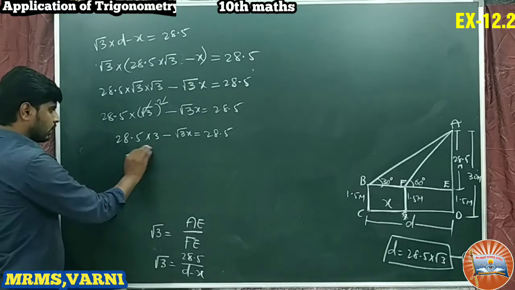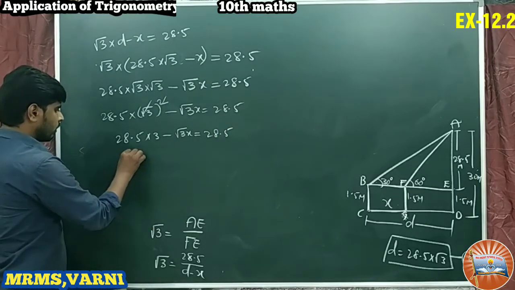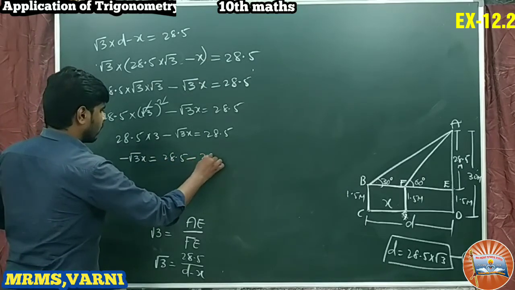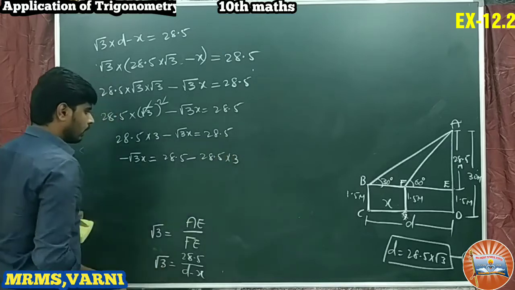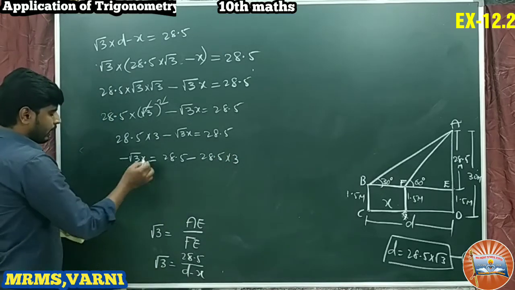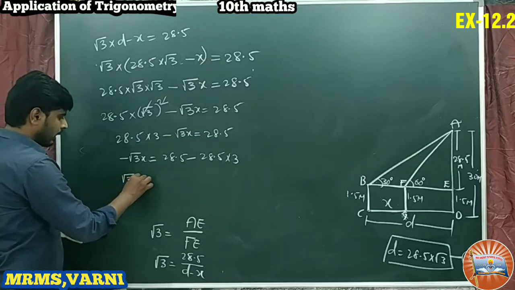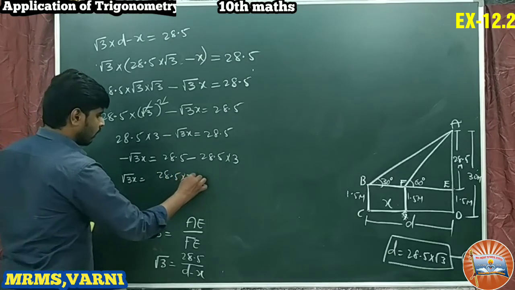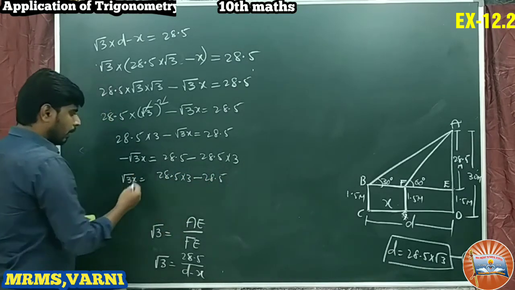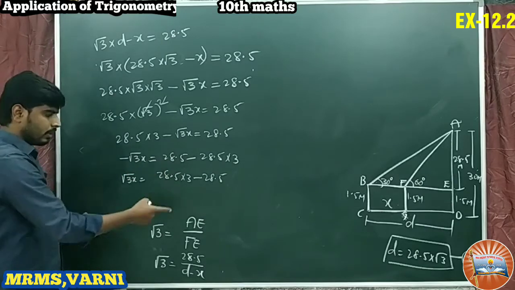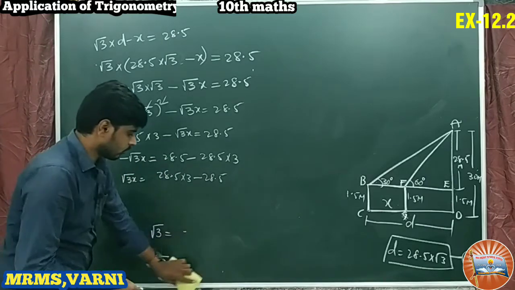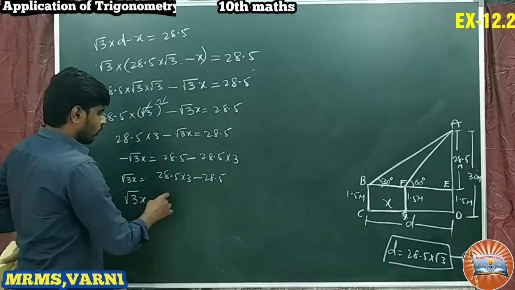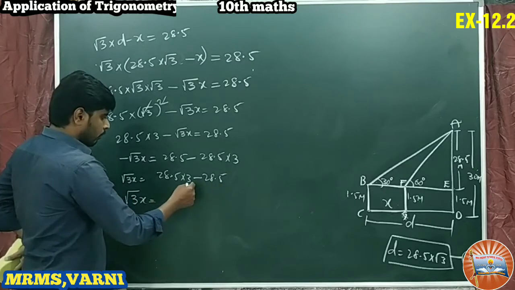So transpose this to the RHS. This becomes root 3x as it is, equal to 28.5 minus 28.5 into root 3. Bring this minus also here. It becomes root 3x, and this becomes reverse: 28.5 into 3 minus 28.5, or else multiply with minus both sides. So root 3x is equal to 28.5 into 3 minus 28.5.